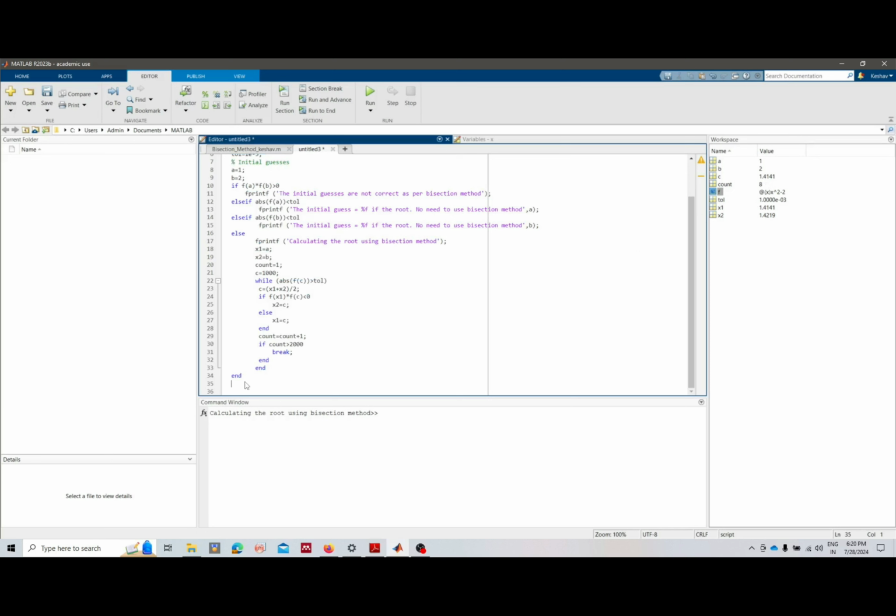I also should write fprintf, the root is equal to percentage f, comma c.